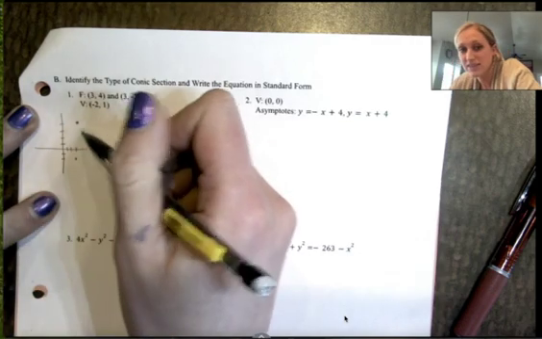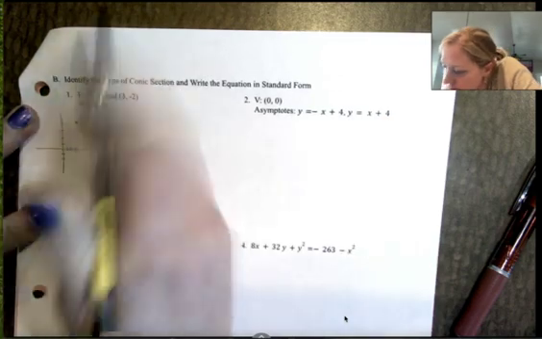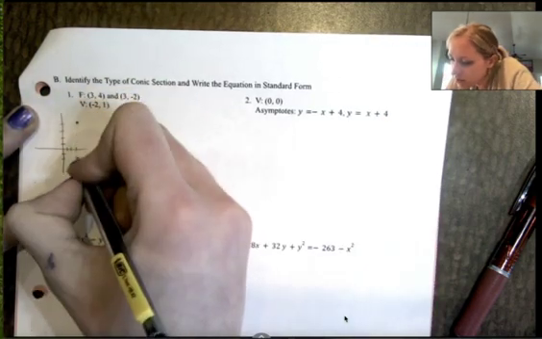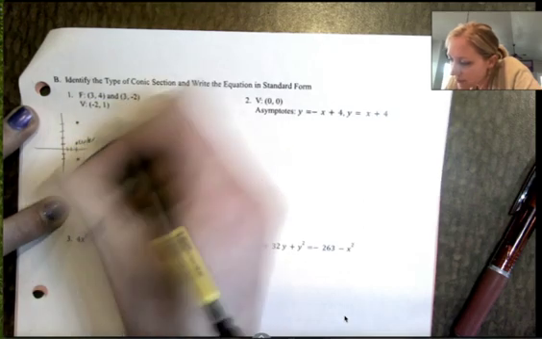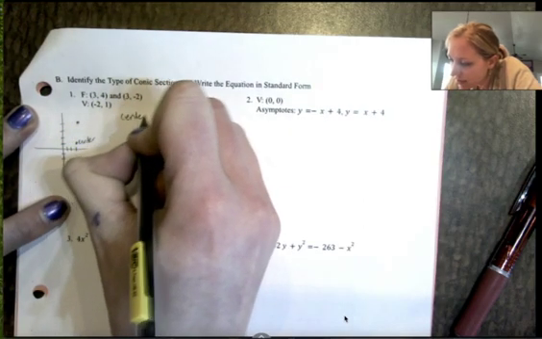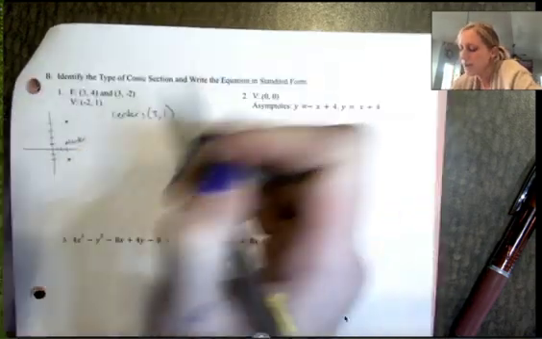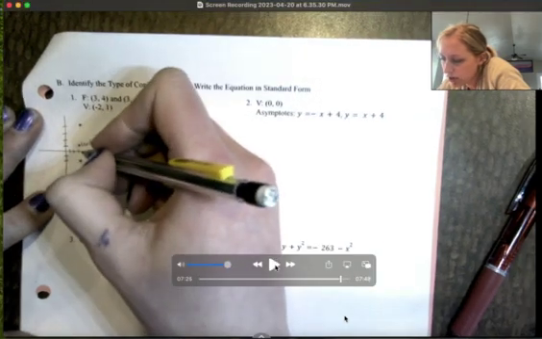So this helps me find the center. So those are on the same vertical line, and they are 6 apart from each other. So 3 is going to be the center. So my center is going to have coordinates 3, 1. Okay. The vertex is at -2, 1.